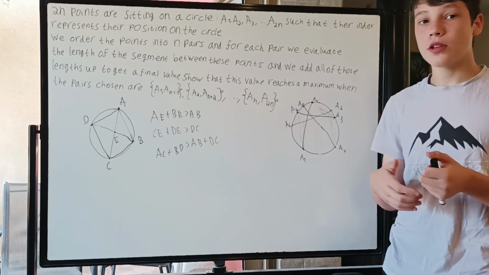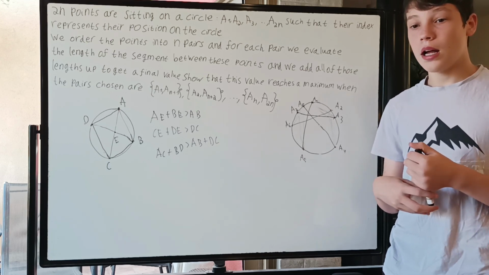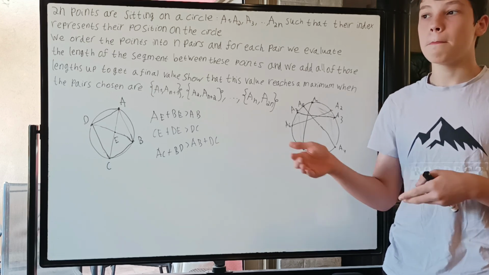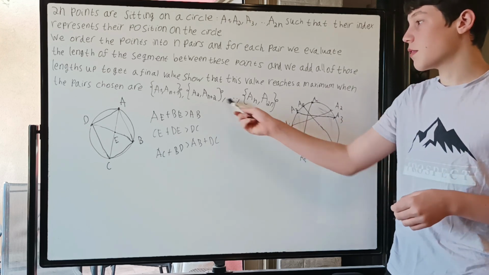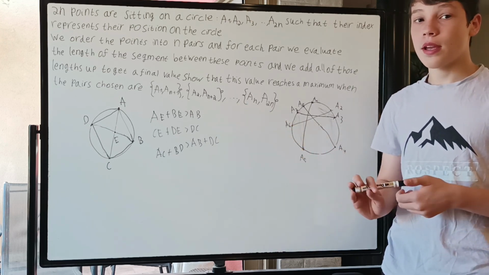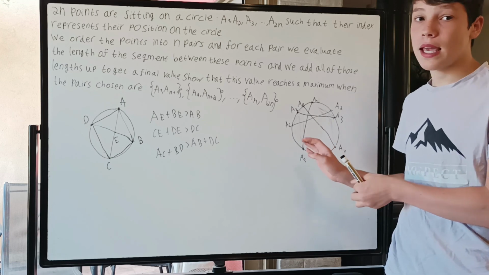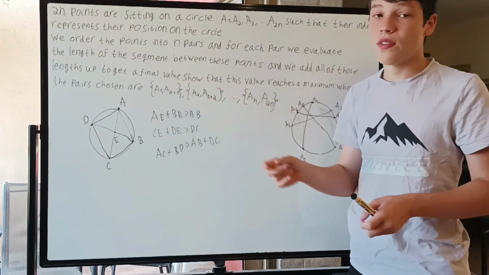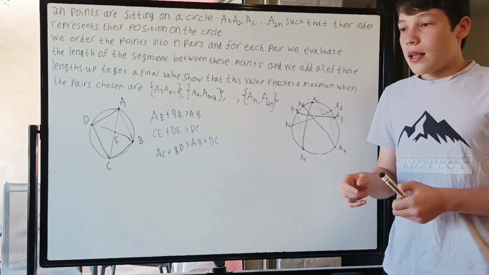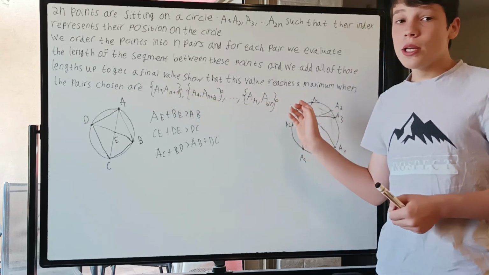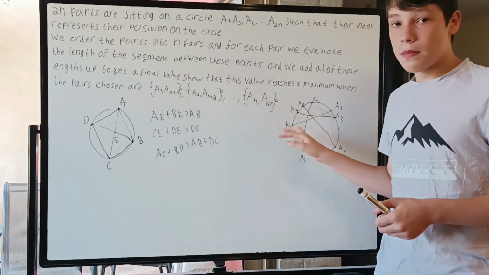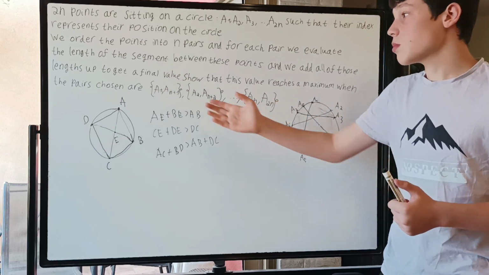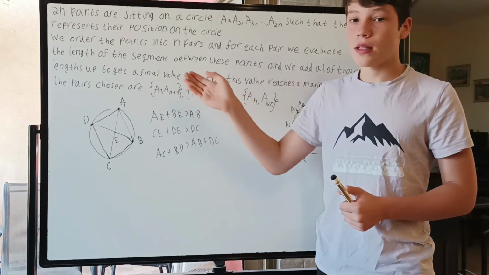And if we keep increasing that number, eventually we'll have to get to the maximum, which is this configuration. So if from any configuration, by playing this game, which we know increases the final value, we can get to this configuration, then this one is the maximal one. So this one will give us the maximal value.